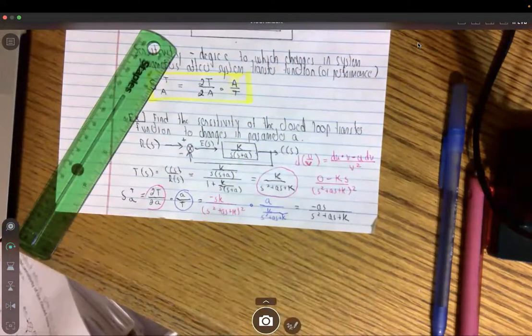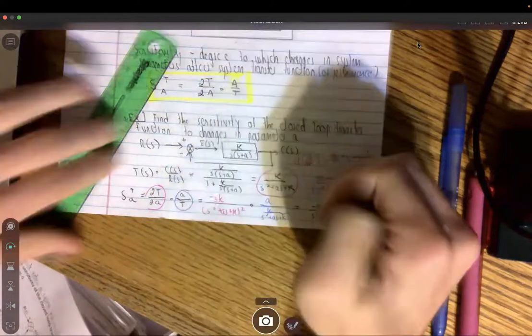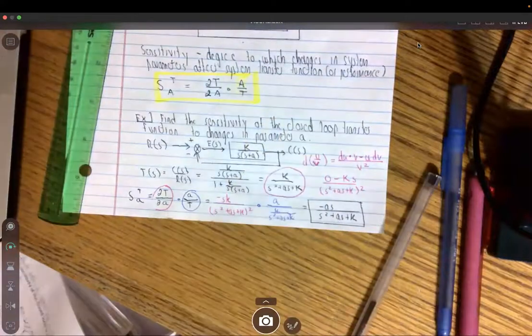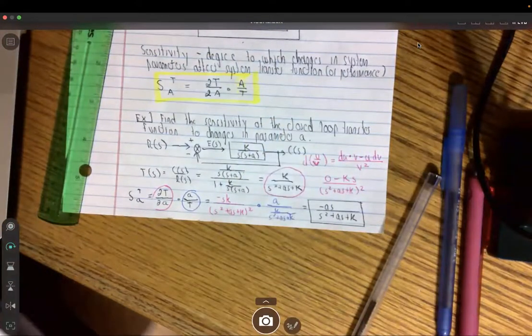And so that is the sensitivity of the transfer function with respect to little a. And so that's a good example in order to practice.